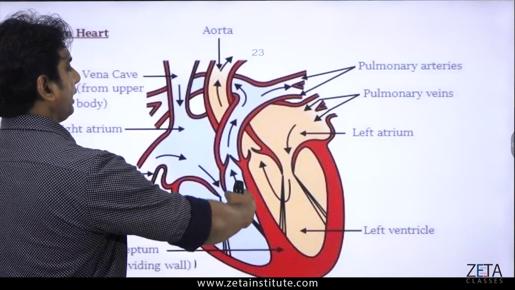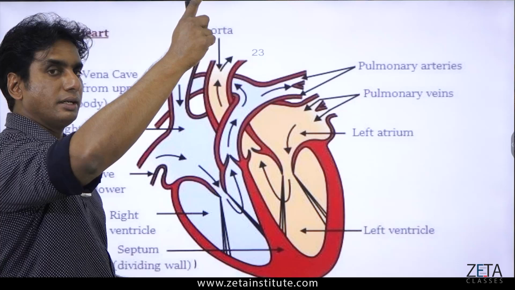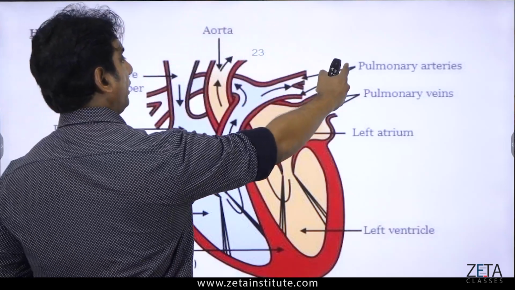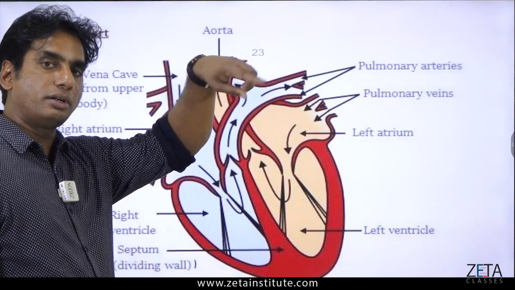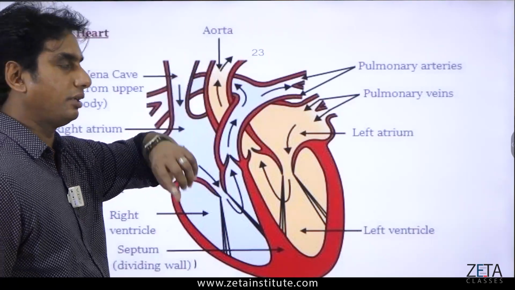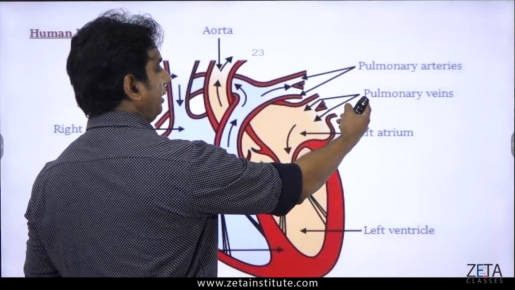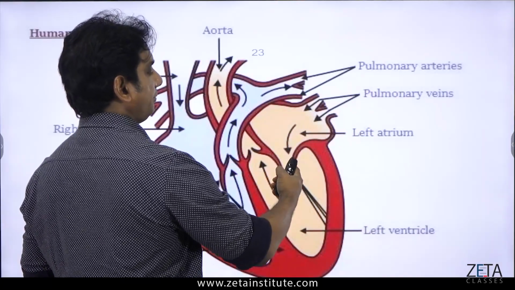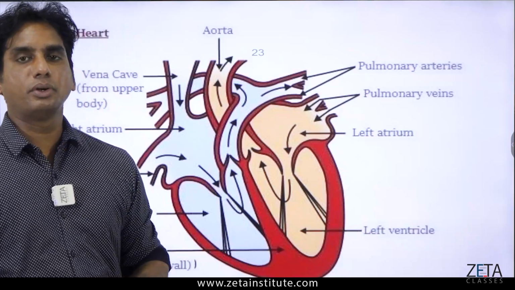From the right ventricle, it goes in an upward direction to the lungs for purification. Who brings the blood to the lungs? The pulmonary artery. So the pulmonary artery takes the blood to the lungs where the blood is purified or oxygenated. Then that oxygenated blood is brought back to the heart by the pulmonary vein, comes to the left atrium, goes to the left ventricle, and through the aorta goes to the body.